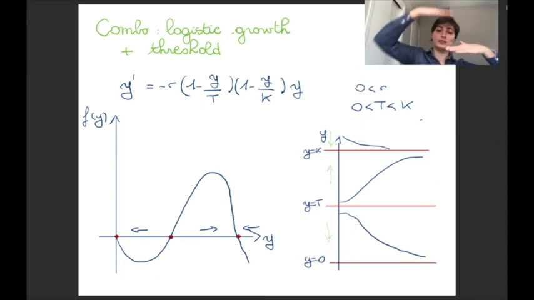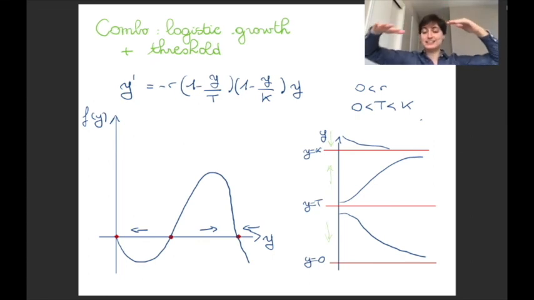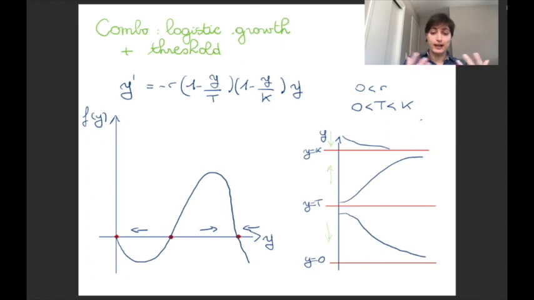Things between capital T and capital K tend toward capital K, and things over capital K get down to K. So here we have a model that does what we would expect a population model to do. If the population is too small, it dies out. But if the population is big enough, then it tends to the carrying capacity, the value of population that our environment can sustain.